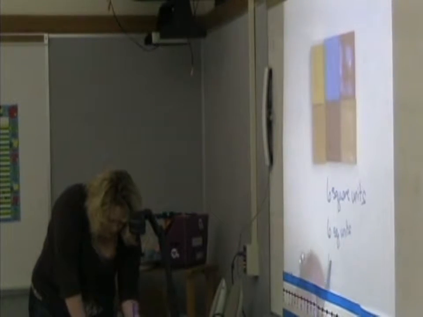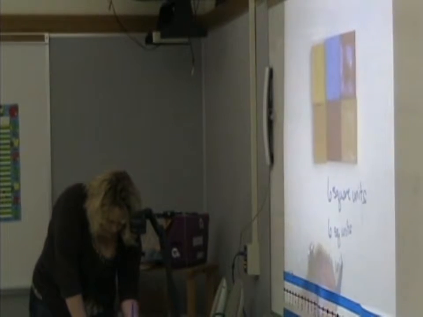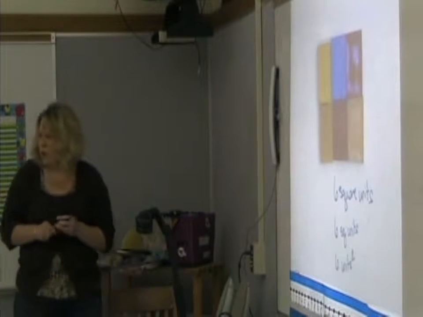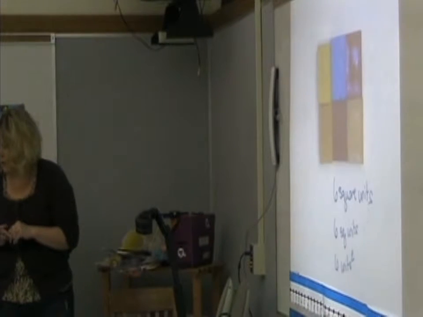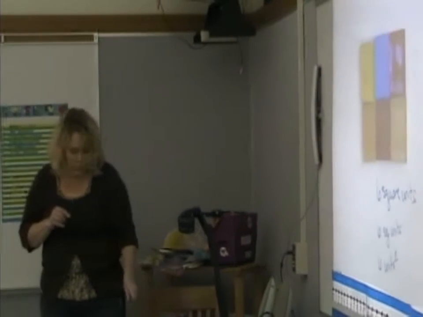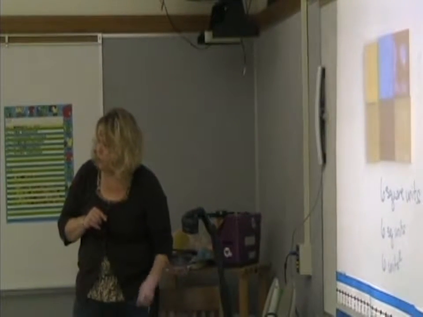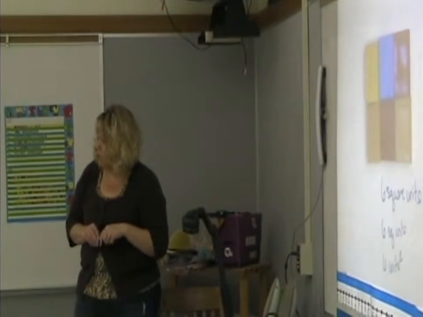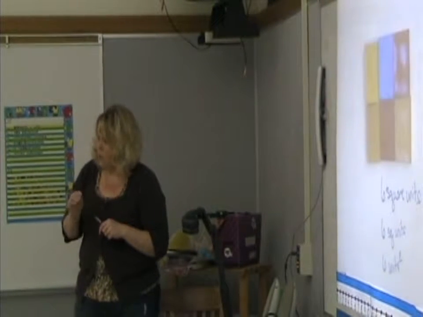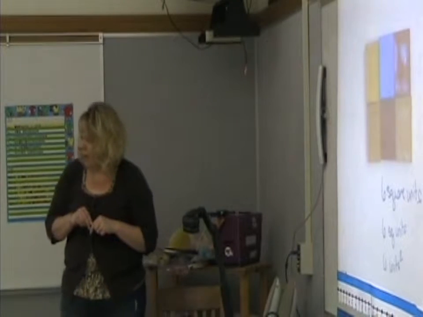Or I can do 6 units squared. Now, that little 2 you notice is not down in line with the letters, but it's raised up just a little bit, okay? So if you're going to use that one, you need to make sure that it's raised up, and you say it squared. Okay, anytime there's a little 2, it's units squared, okay?